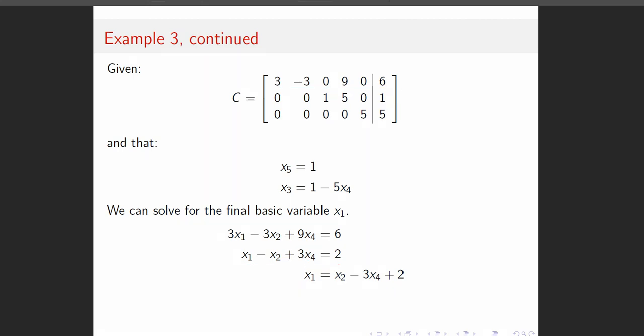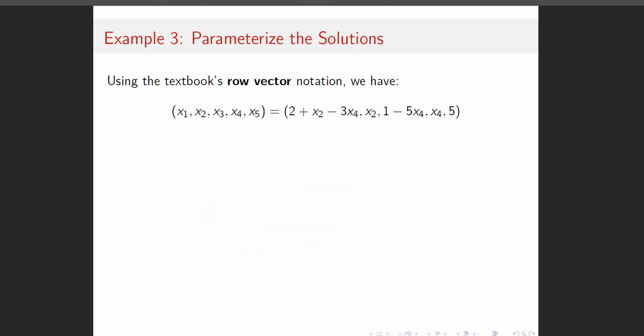And what happens next? Well, I want to point out that the textbook, when it's parameterized the solutions, it uses row vector notation. Okay, and it's exactly the same, the first component, the second component, the third component, and so on.